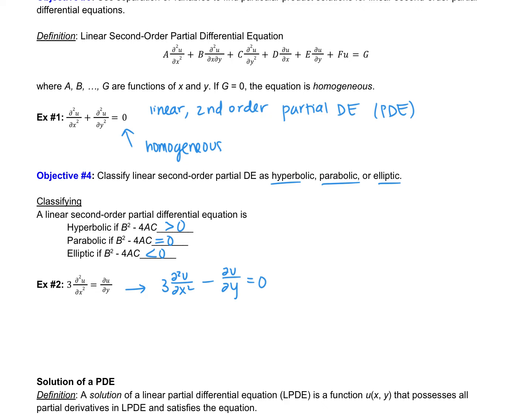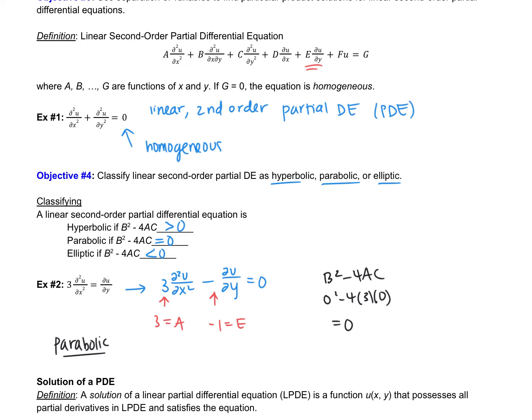Using the equation above, that 3 is our a, and this -1 is e. If we calculate b squared minus 4ac, we have 0 squared, subtract 4 times a times 0, so we get 0. Hence, this equation is parabolic.